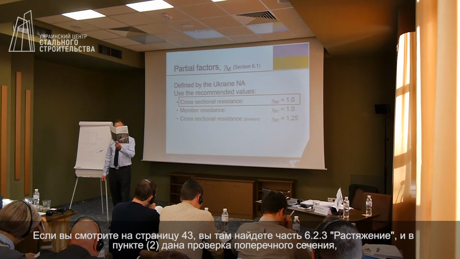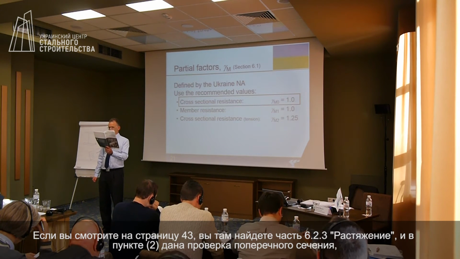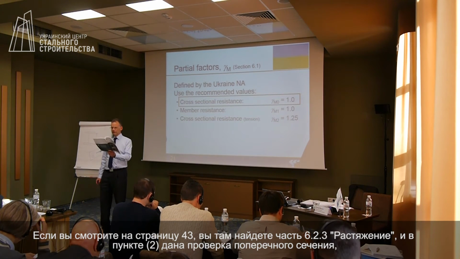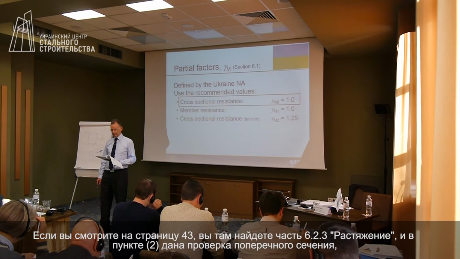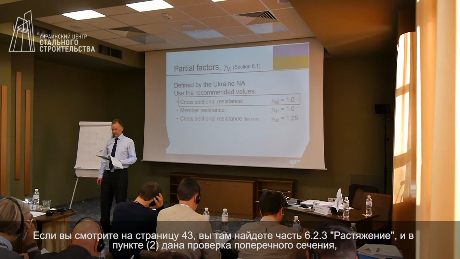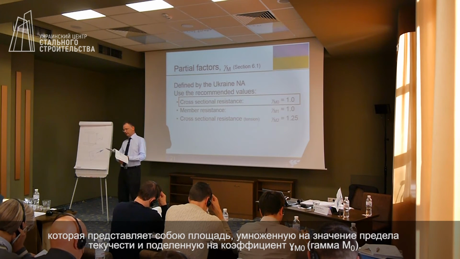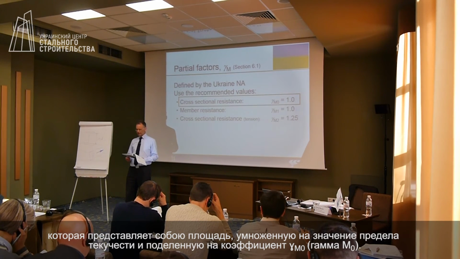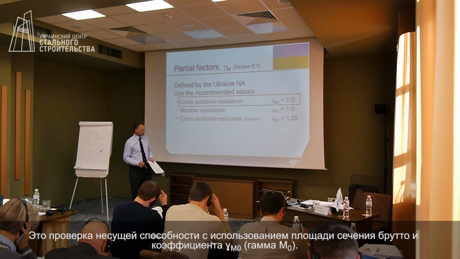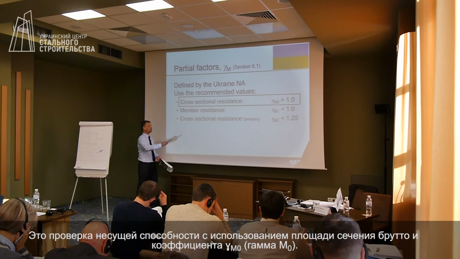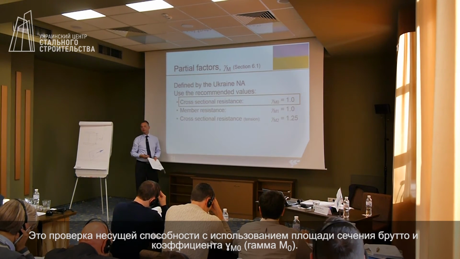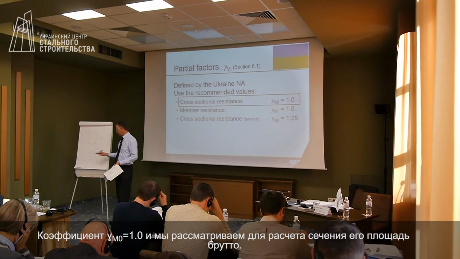If you are in this book on page 43, you will see section 6.2.3. And then number 2 is a check of the cross-section, which is the area multiplied by yield divided by gamma m naught. And that's a check of the gross cross-section, and it's using gamma m naught. Gamma m naught is 1.0, so we would check the gross cross-section.